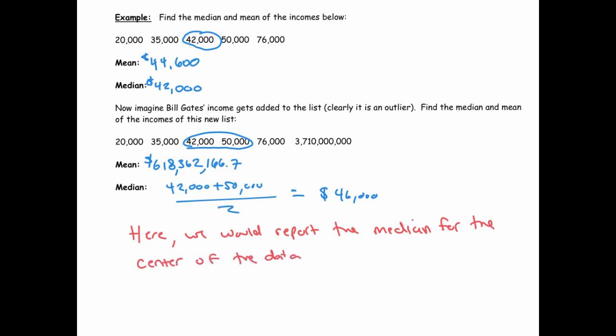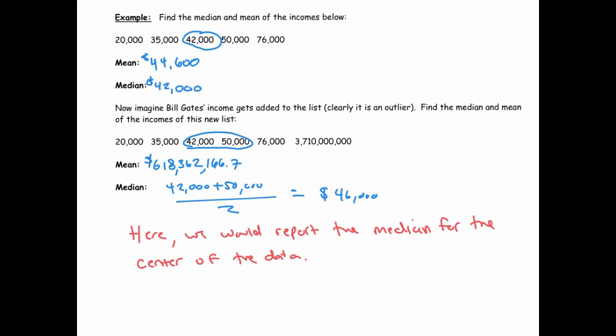The median is much more telling, right? $46,000 is a number that's describing the typical income for these 6 individuals. And again, the word typical, because Bill Gates is an outlier. So we almost want to ignore his income because he's not typical. He is a special case. The median is revealing in a way that the mean is not in this case.